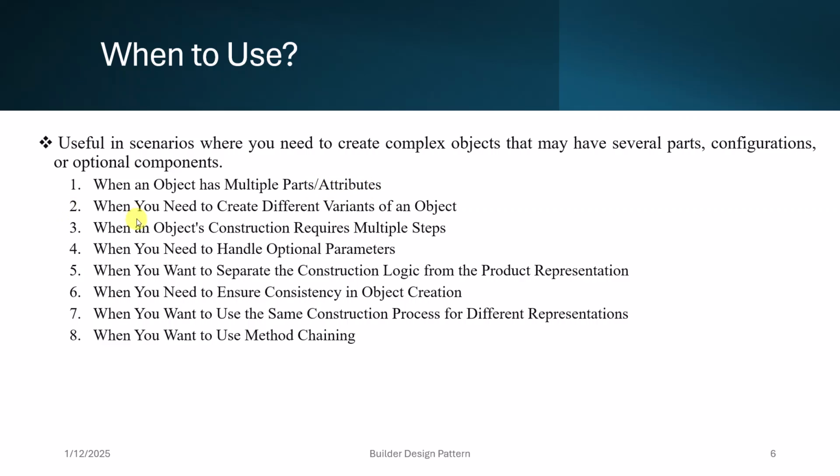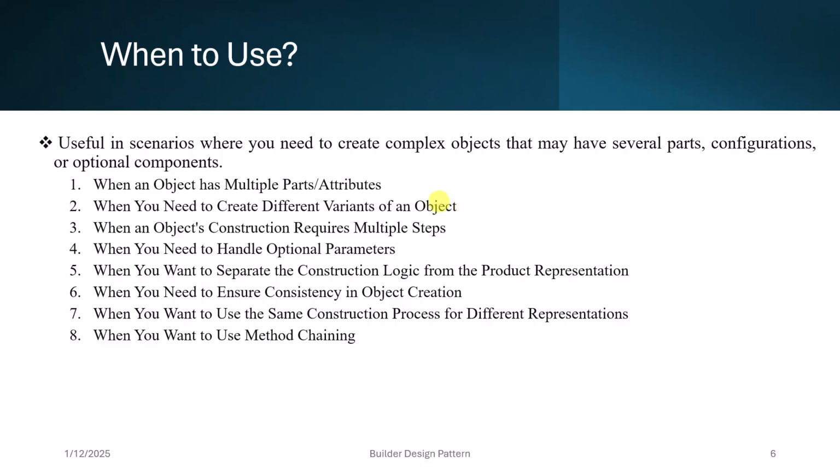Another use is when you need to create different variants of an object. If you need to create different variations of the same object, the builder pattern allows you to easily switch between different configurations without changing the object itself.